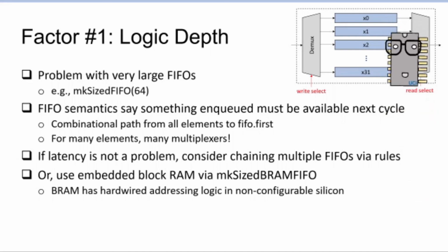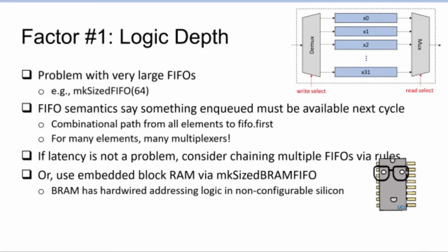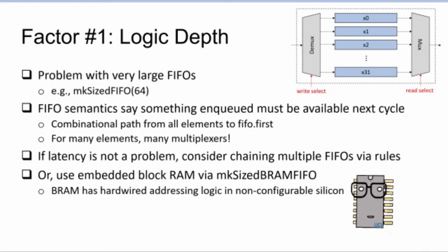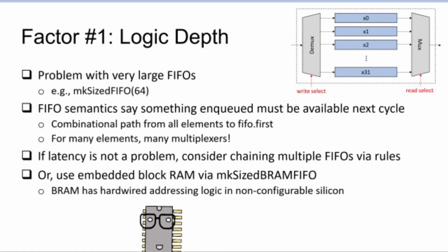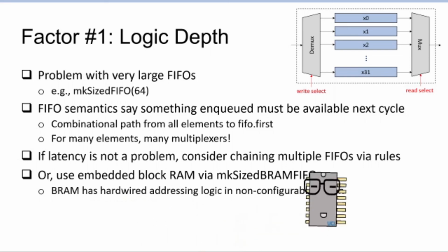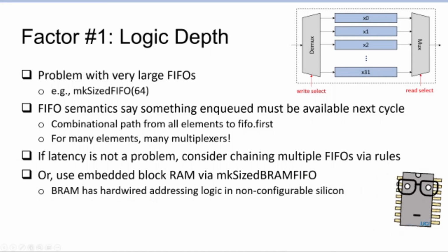So we can have the same number of slots, but across different, smaller FIFOs, or use embedded block RAM, much larger, multiple kilobytes, implemented using a sized BRAM FIFO. Block RAM has hardwired addressing logic in non-configurable silicon, so it's an efficient way to build memory units in the order of multiple kilobytes.